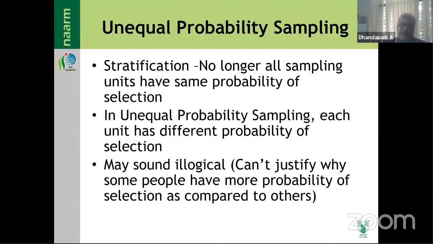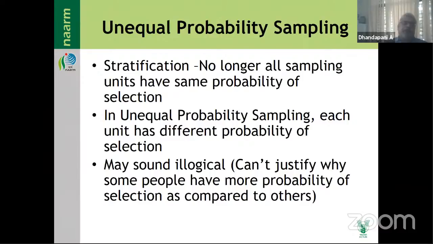You may be thinking why we should go for unequal probability, because every unit in my population should have equal probability. Now, with stratification you can also achieve equal probability. It is not that it is not possible. But in that case, the sample size for each stratum is going to be proportional to its size.